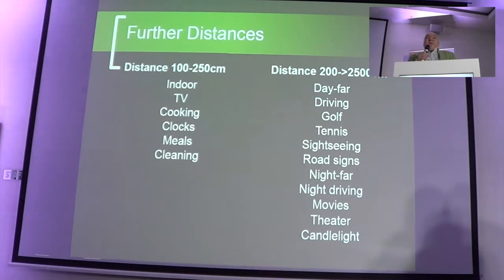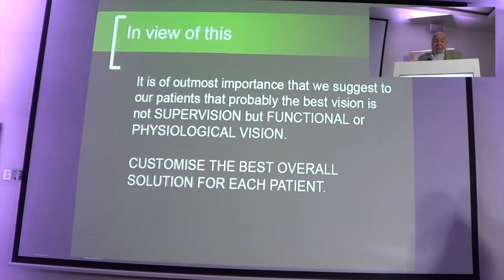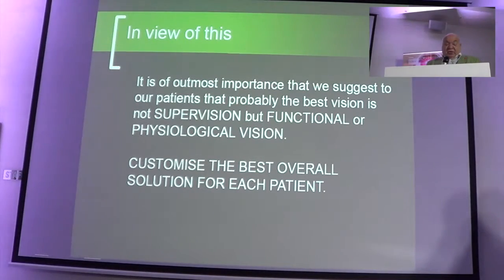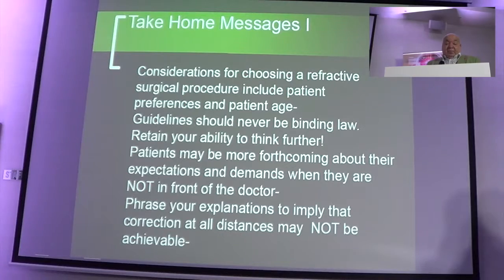So a very, very common work distance now is about 50 centimeters. Maybe that's where we should concentrate, I don't know. So it is of utmost importance that we suggest to our patients that probably the best vision is not supervision, but functional or physiological vision. Customize the best overall solution for each patient.